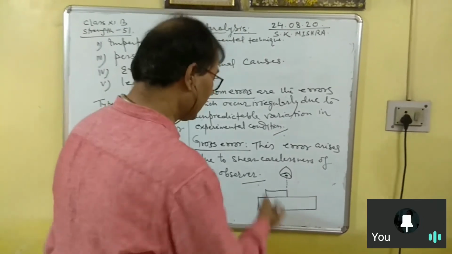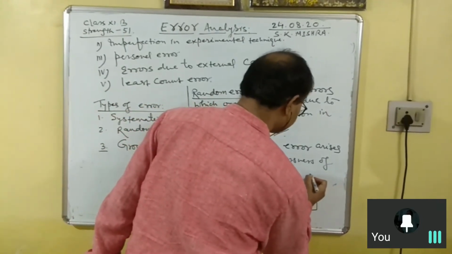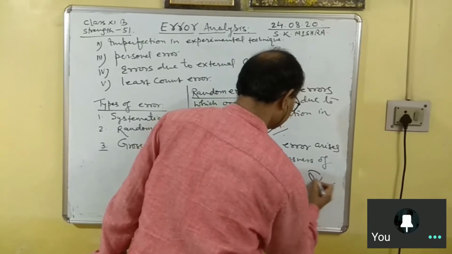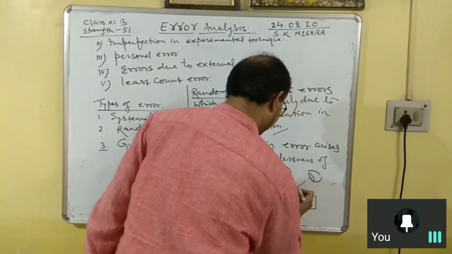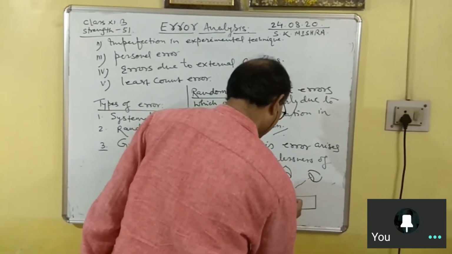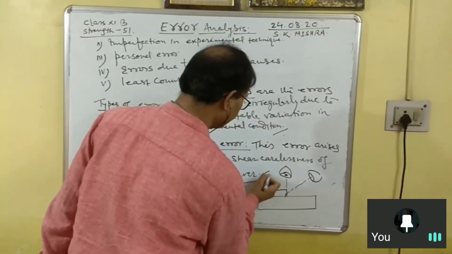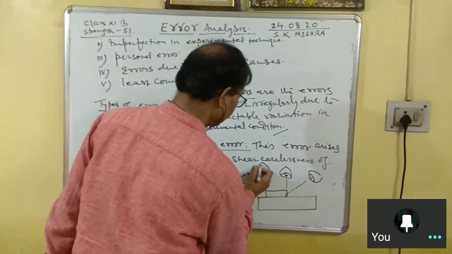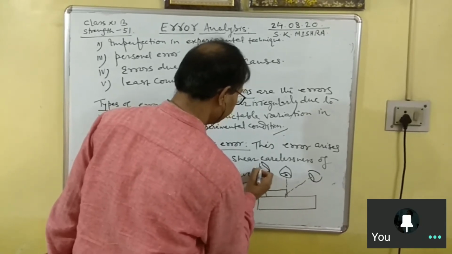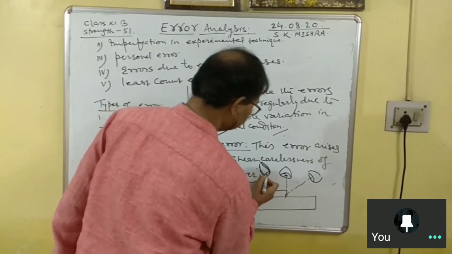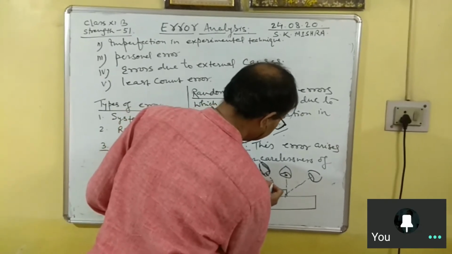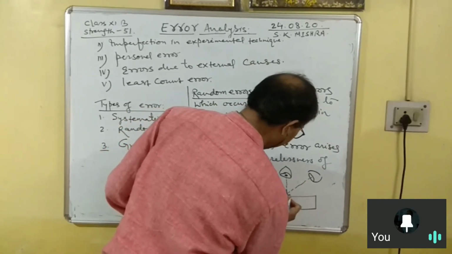But if you are taking the reading by putting your eye here, then you will observe this point a little bit earlier. Or if your eye is placed here, then you may note this reading.